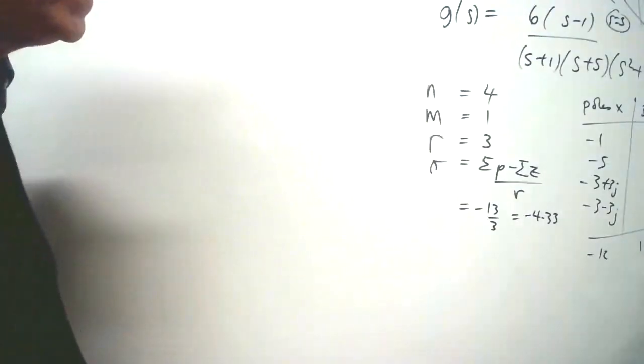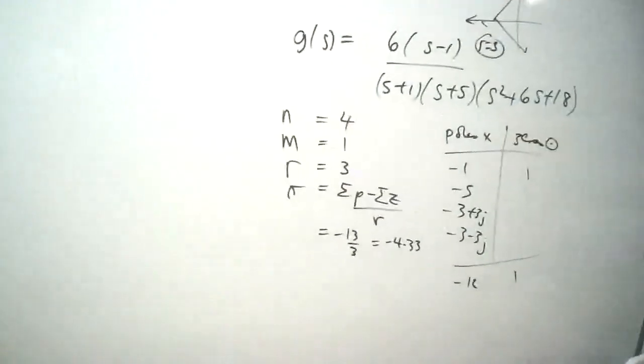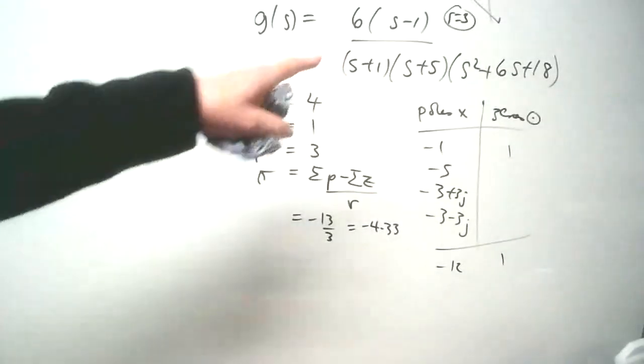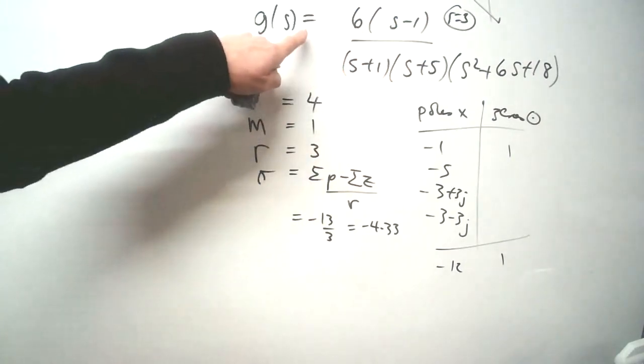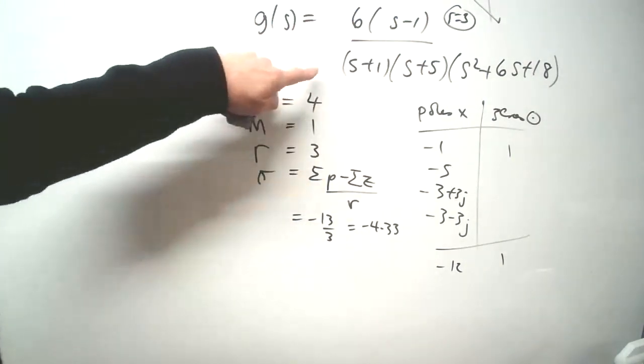Now, the second part of the question is always, if we have this system here now, and we want to find out the range of gain over which this system is stable.